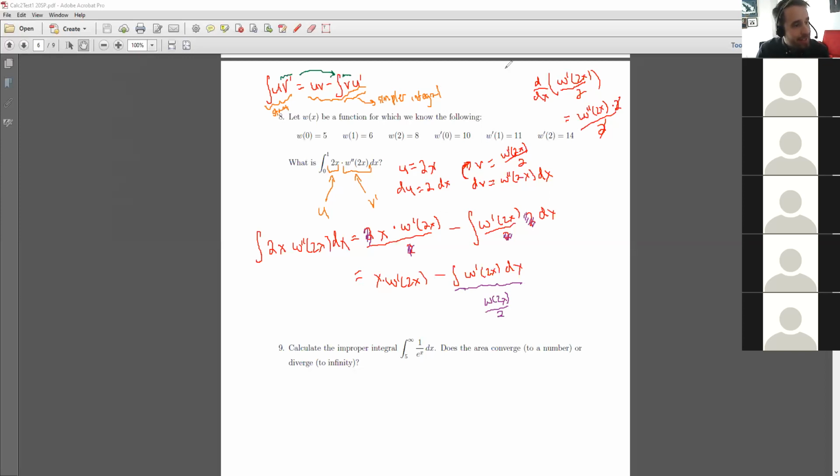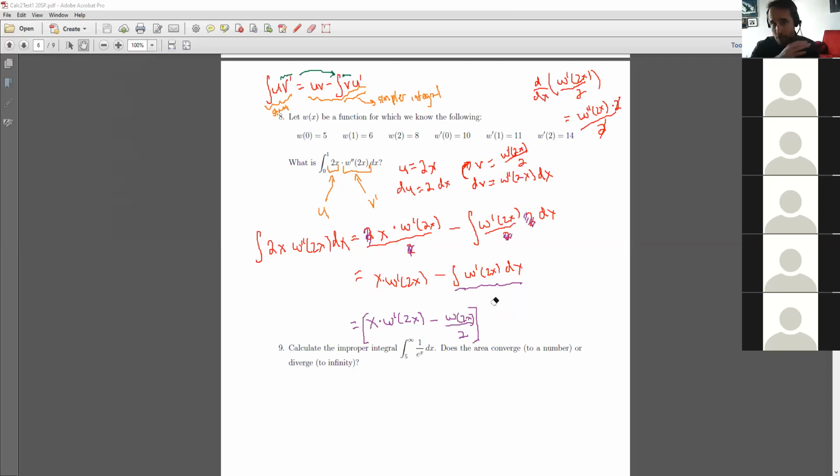And so what we get then is that our final antiderivative can be written as x times w prime of 2x minus w of 2x, all over 2. And so that's our antiderivative. Now, the problem is not completely done.